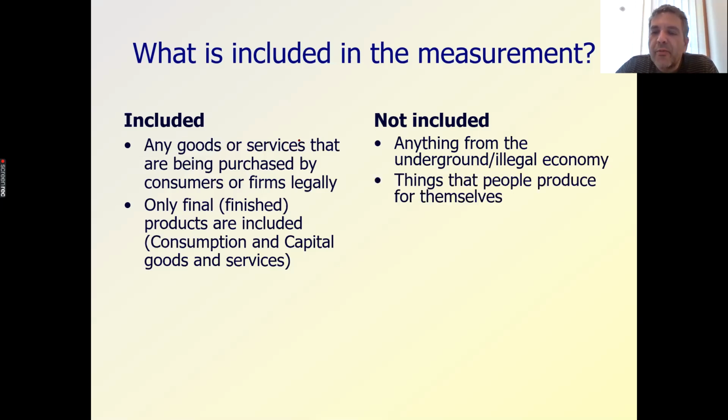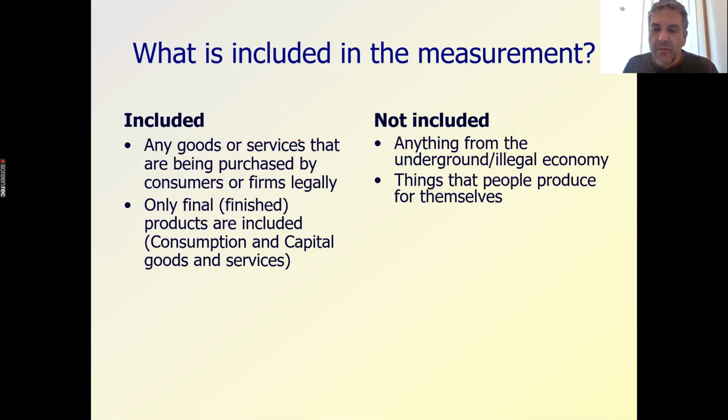Things that people produce for themselves are not included in the GDP, even if we want to count that. Let's say that here at Pearson, we have our greenhouse. The greenhouse is not counted in the GDP of Canada. Now, should that be counted? Well, of course, because that's something that we are using for consumption. But if we are not really selling that to anyone, it's not registered anywhere, so it's not counted in the GDP of Canada.